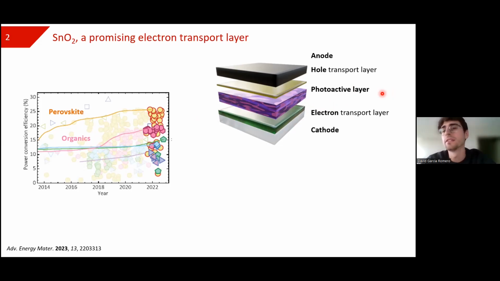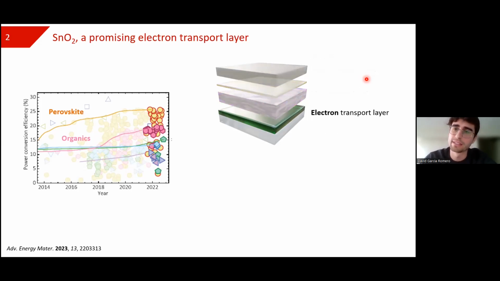But it's intriguing to see that even with all these years of progress, the electron and hole transport layers, the layers that we grow in our devices to gain selectivity in our charge carrier extraction, have been kept more or less the same. There are very few options that can lead to a good device performance. And that's the inspiration for such a project.